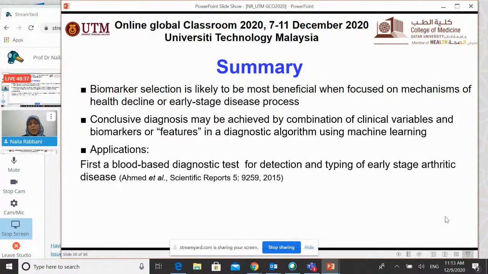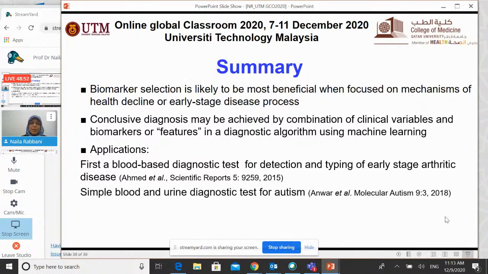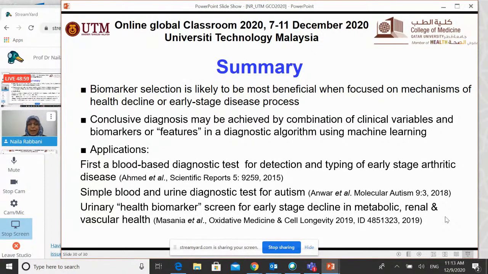And applications: first, a blood-based diagnostic test for detection and typing of early stage arthritic disease. That was the first we developed and published in 2015. Then we developed this simple blood and urine diagnostic test for autism, published in 2018, and the health biomarker screen for early stage decline in metabolic, renal and vascular health, published in 2019.